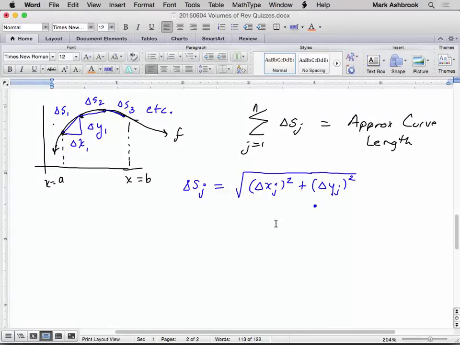Okay, and so then we're going to sum all those up. It's going to be the sum of all of these segments, which are the hypotenuses of these right triangles.